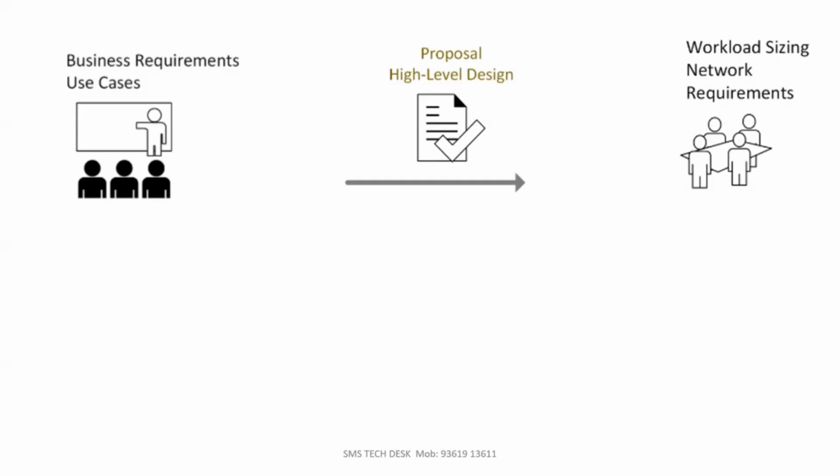Workload sizing means how many VMs you're going to deploy, how many servers you require, and what is the storage capacity required, because we need to do all the sizing, right? To do that, the architect has to work on the workload sizing options. It's not only for network, it has to apply for the VM, storage, backup, for all those steps. He has to work on the sizing and network requirements.